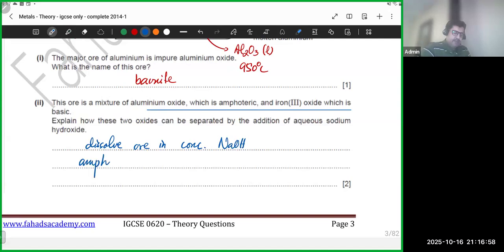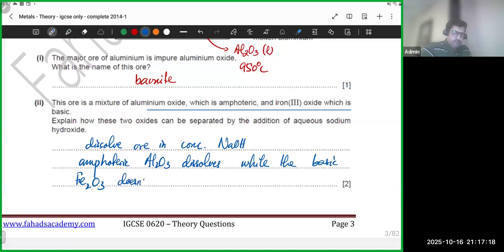The amphoteric Al2O3 dissolves, while the basic Fe2O3 does not dissolve because it's basic, and is filtered out.